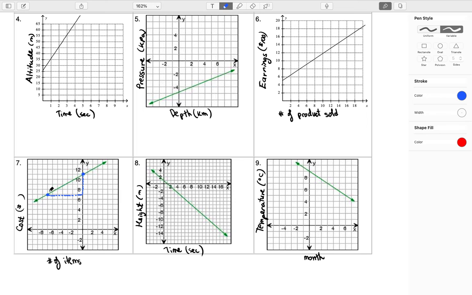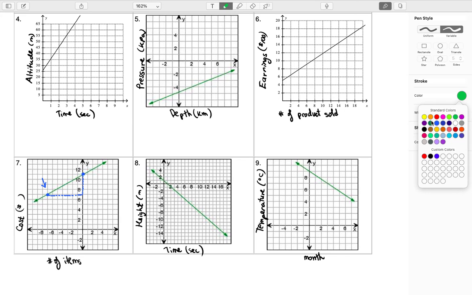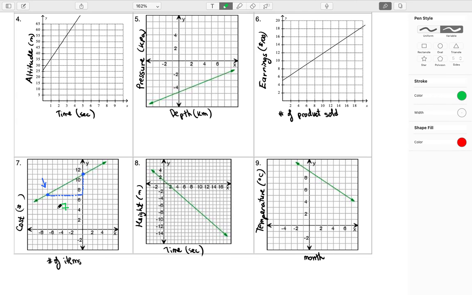Now, this time I'm going to start from here and then go to the second point. So let's see. Each square represents 1 unit. So that means 1, 2, 3, 4, 5, 6, 7. So I went to the right by 7 steps, so it's positive.